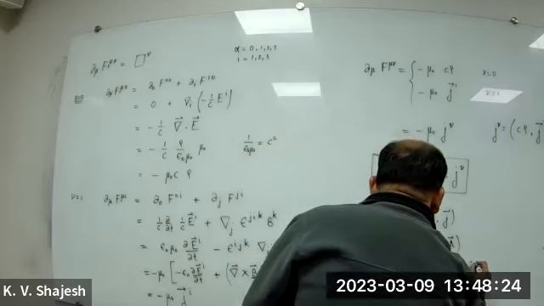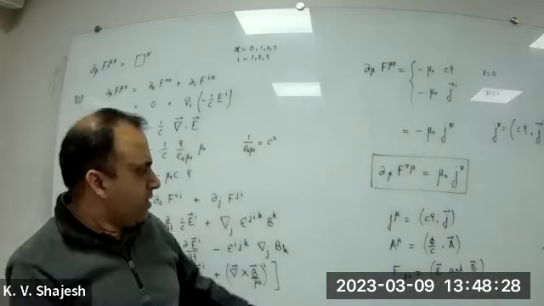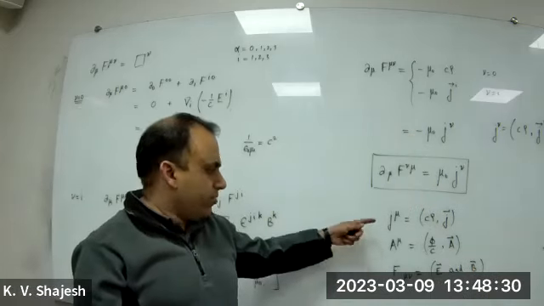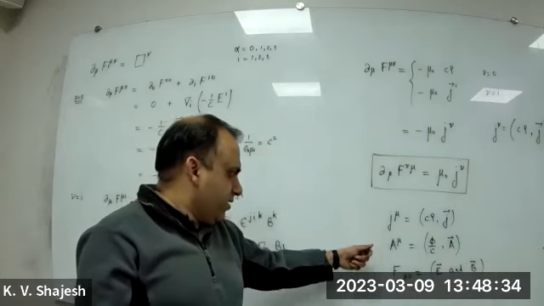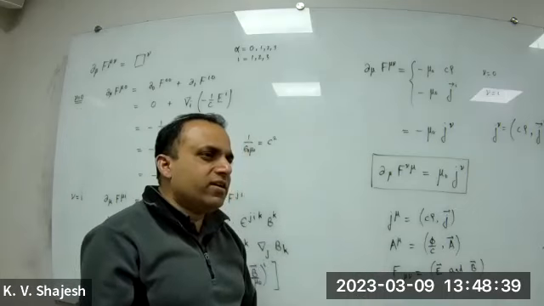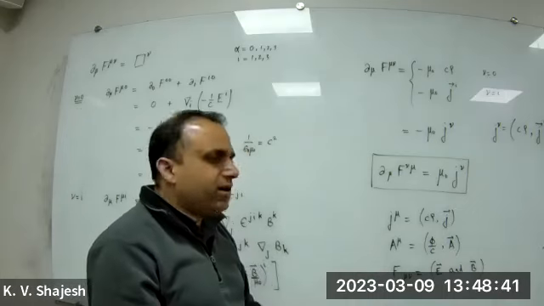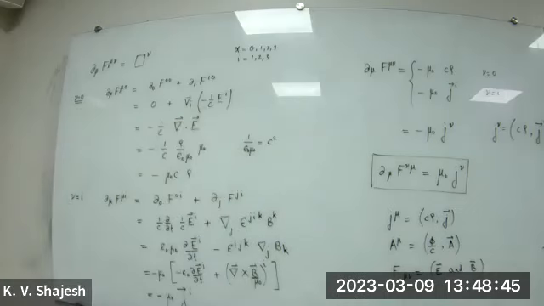So you cannot write that here, that's the 4 concept. This is your Lorentz 4-current vector, Lorentz 4-potential, and this is the field tensor, electric field and magnetic field. I'll stop here.